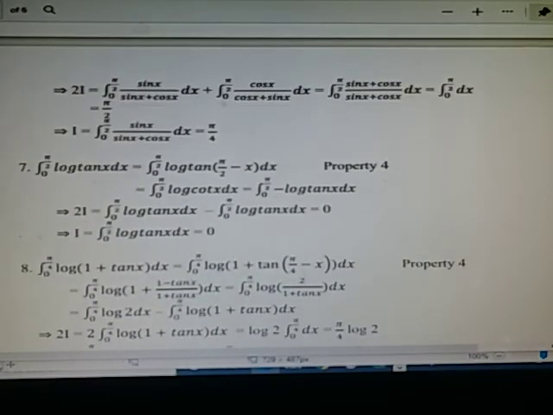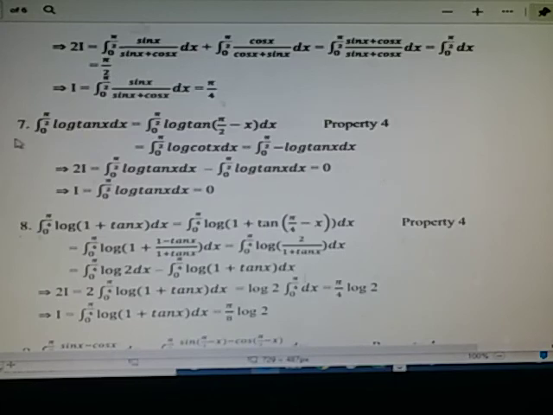Number 6 is also the same. Here there is no square root sign. Same property 4 we are applying. Property 4 gives log of tan of pi by 2 minus x.